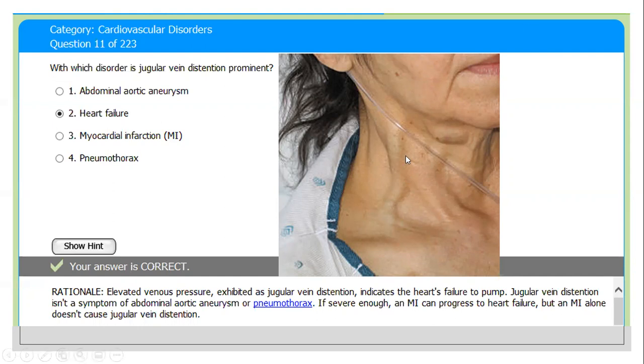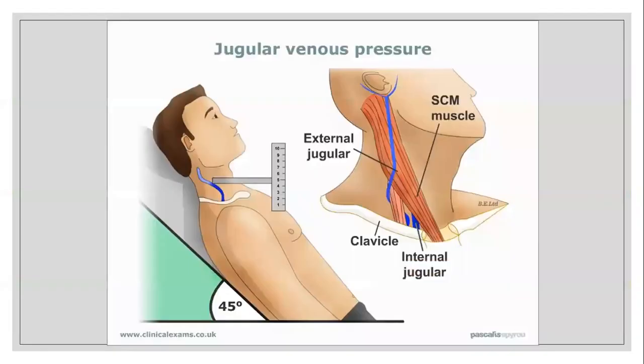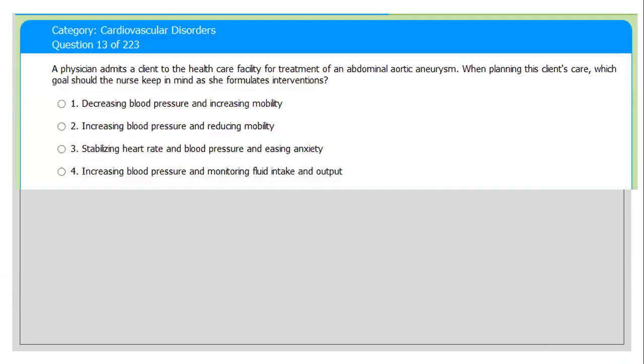A person has jugular veins on both sides of the neck, so if there is one on the left side, there is always another on the right side. They act as a passageway for blood to move from a person's head and neck to the superior vena cava, which is the largest vein in the upper part of the body.